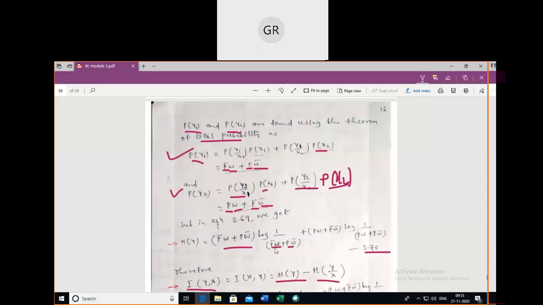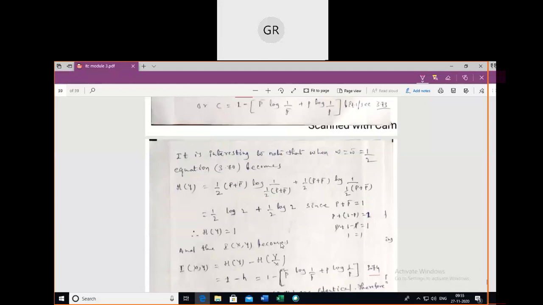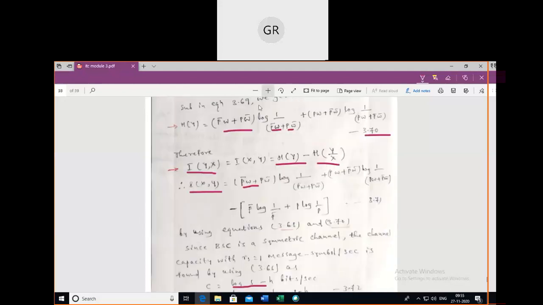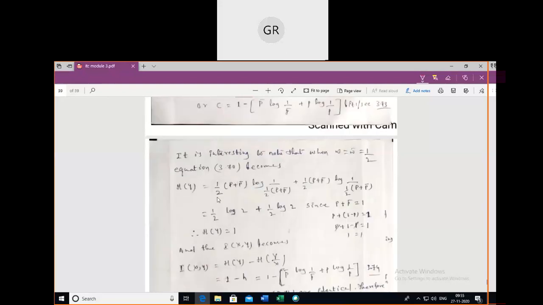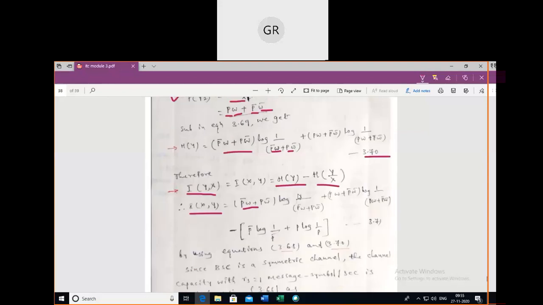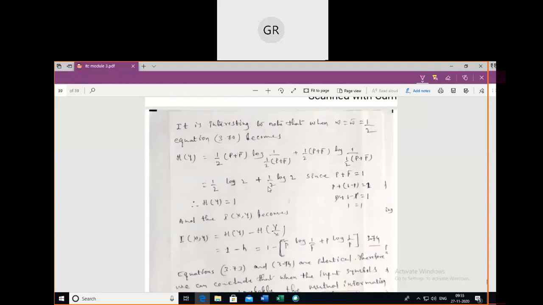What will happen here? I will take 1 divided by 2 common here. W is 1 divided by 2, W bar is also 1 divided by 2, so it becomes P plus P bar, log of 1 divided by, again here I will take W and W bar as 1 divided by 2 outside.